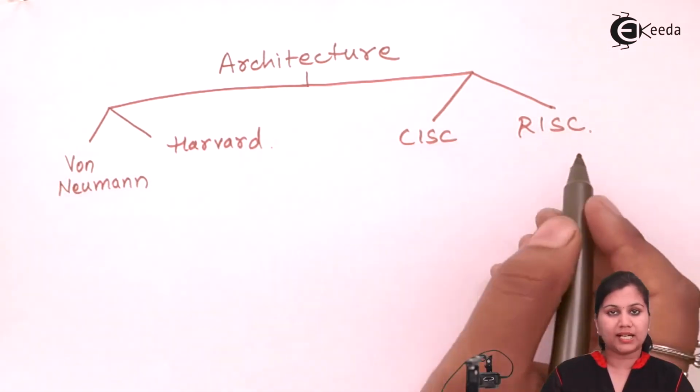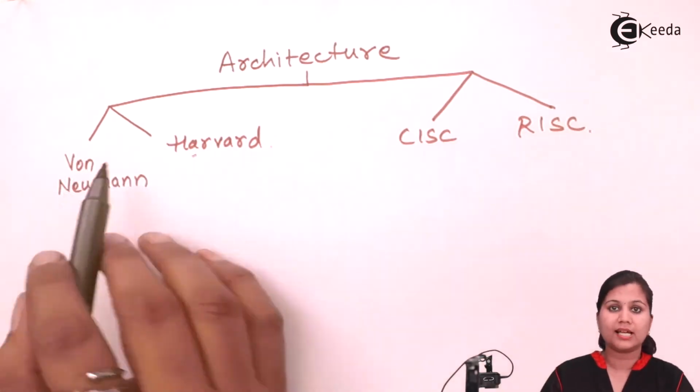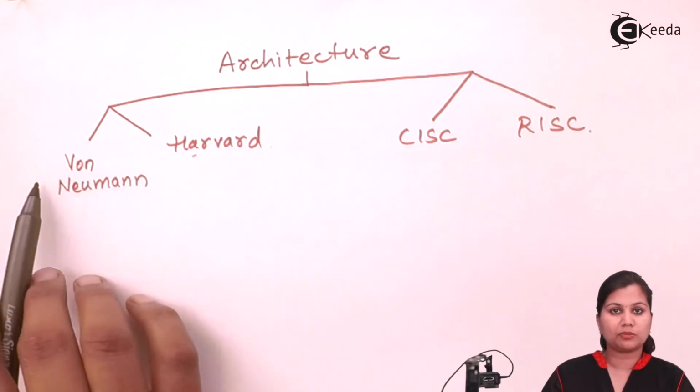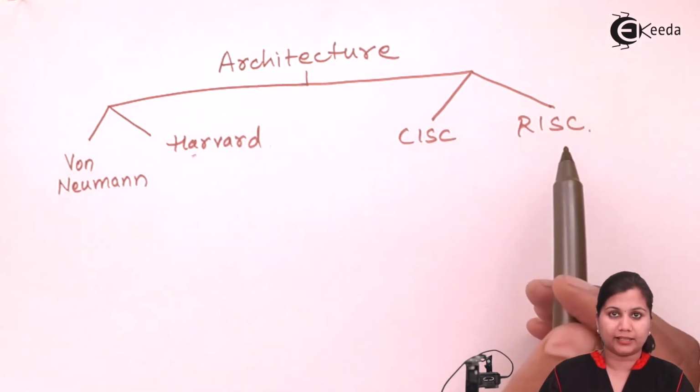We studied these architectures in detail, and we also saw the comparison between them, that is, the difference between von Neumann and Harvard and between the RISC and the CISC architecture.